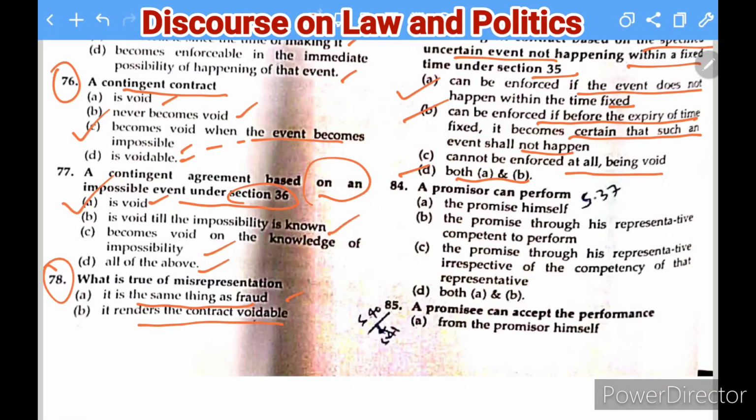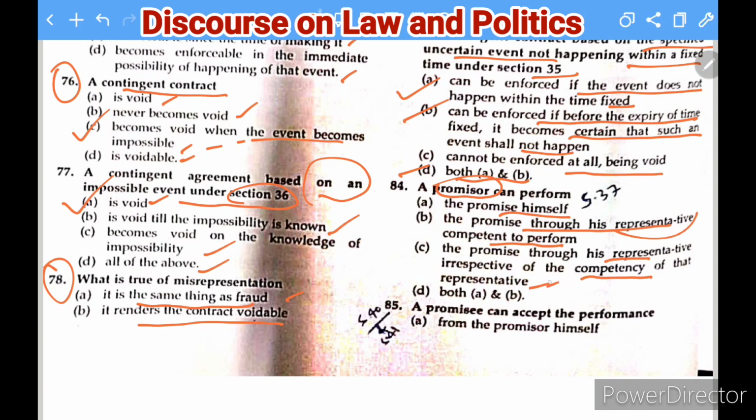A promisor can perform the promise himself, perform the promise through his representatives competent to perform, perform the promise through his representative irrespective of the competency of that representative, or both A and B. So a promisor can perform his action by whom? He can perform by his representative as well, but the competency of the representative is also required here.